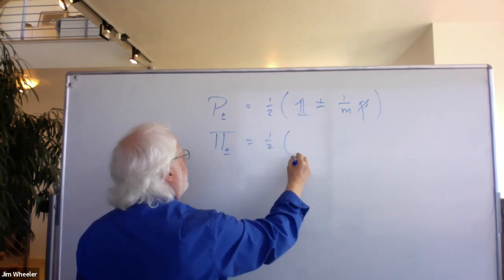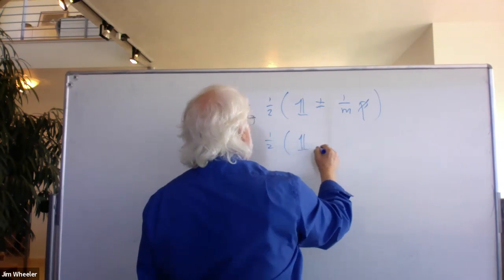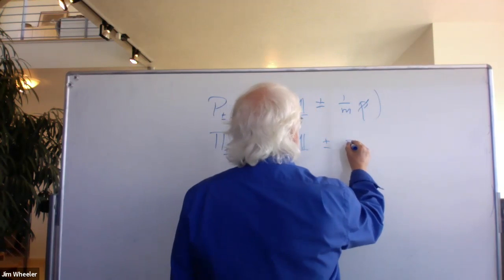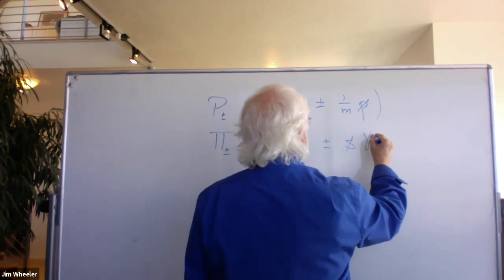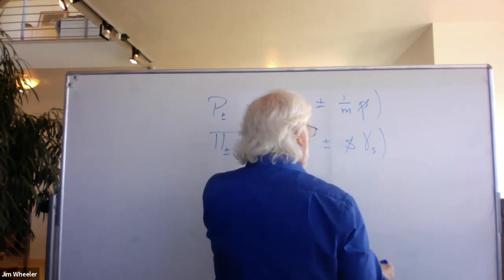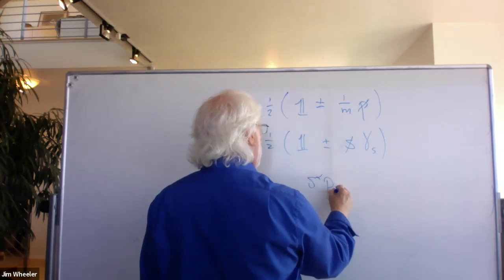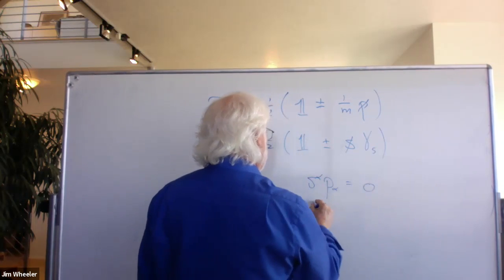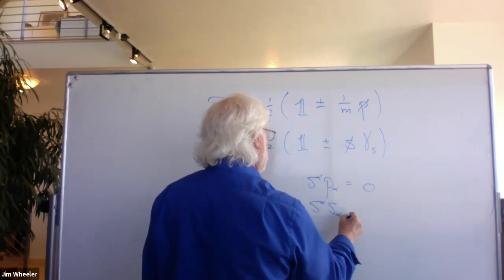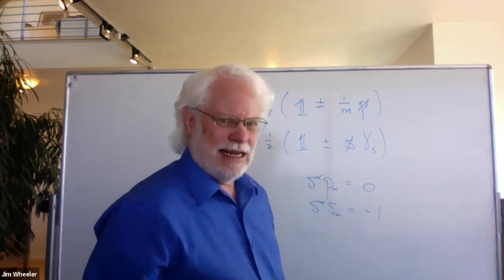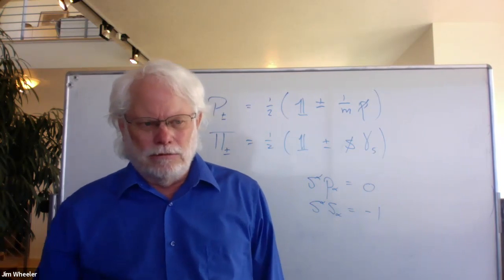We have 1/2 of 1 plus or minus, and then we need a gamma 5, so there's an S slash gamma 5, where S and P are orthogonal, and S is a unit space-like vector, so it has norm -1.